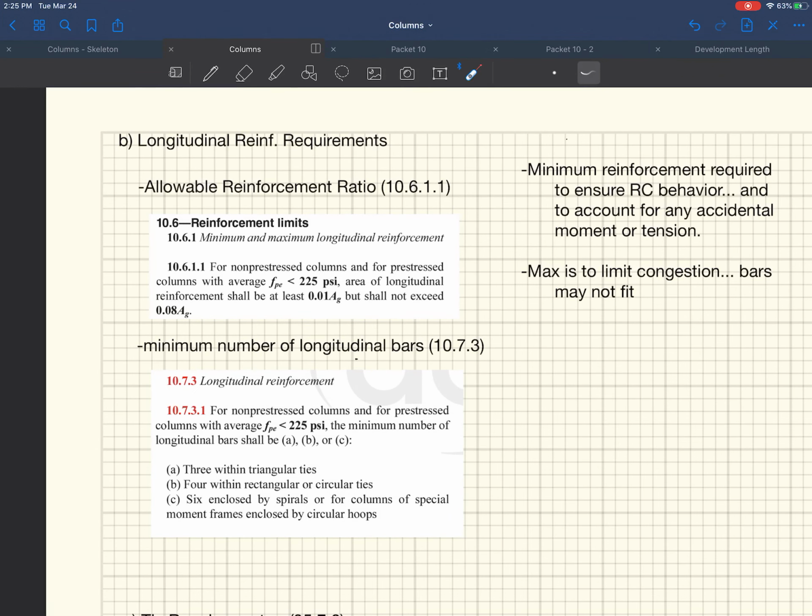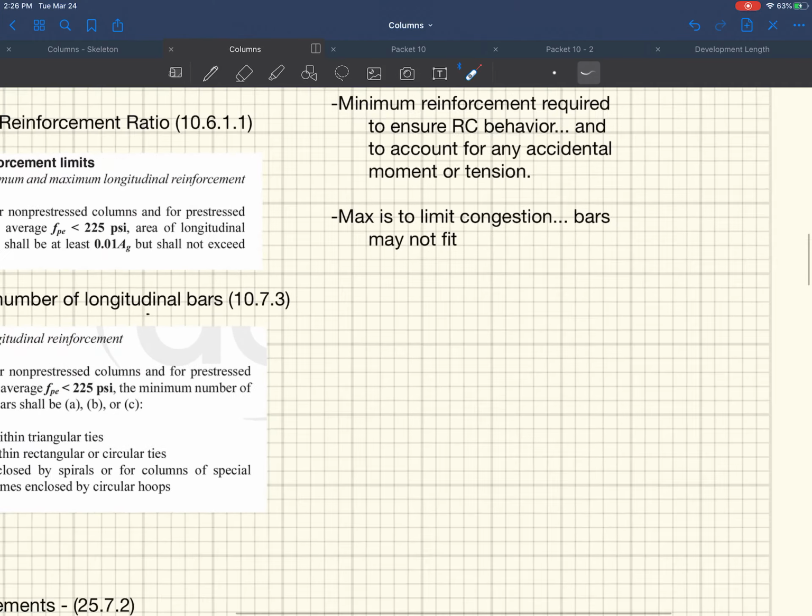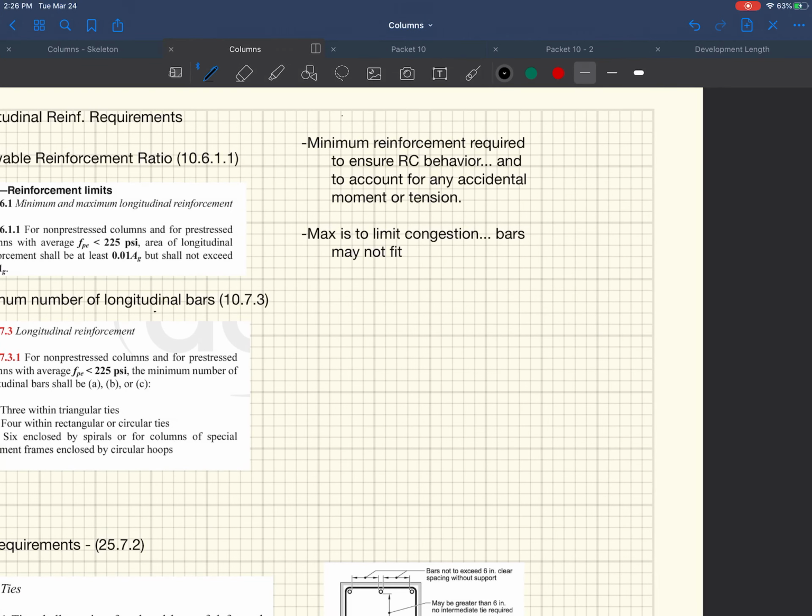For non-prestressed columns, which we have, and for prestressed columns with average f_pe of 225 psi, which doesn't apply here since we don't have a prestressed member, the area of longitudinal reinforcement shall be at least 0.01 A_g, but shall not exceed 0.08 A_g. So they say you have to be within that range.